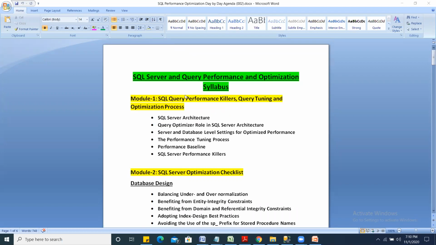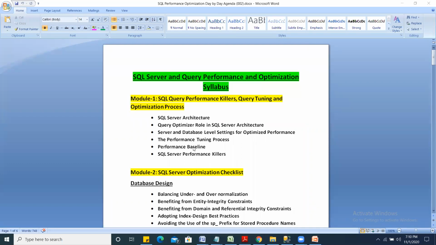We will start from SQL Server architecture, followed by the query optimizer's role in SQL Server architecture, then SQL Server and database level settings for optimized performance. Then the performance tuning process. What is the performance tuning process? We will discuss what performance baselining is and how you can do that.